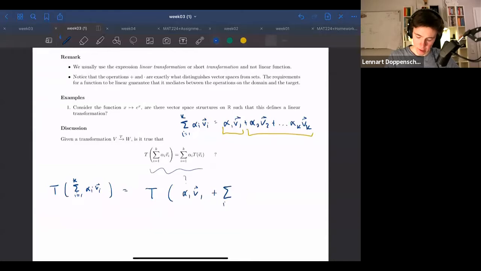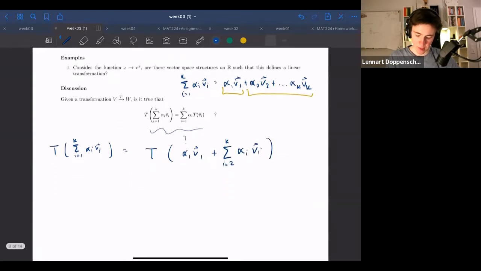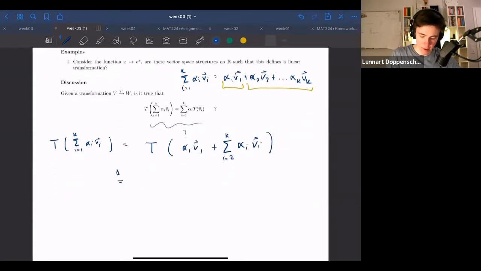So now i starts at 2 and goes still to k, and we have alpha i v_i still. Then by axiom 1, we know that this is T of alpha 1 v1 plus T of the rest, the sum from 2 to k of alpha i v_i.